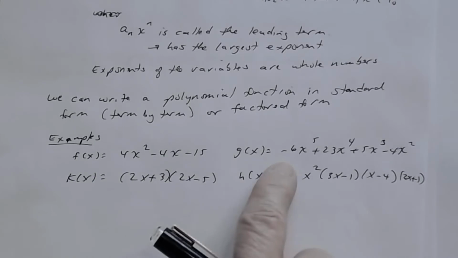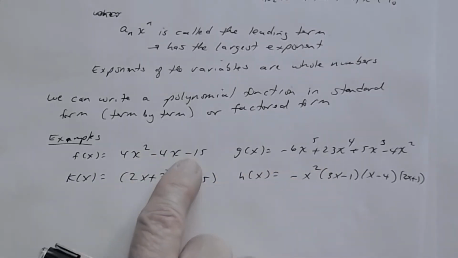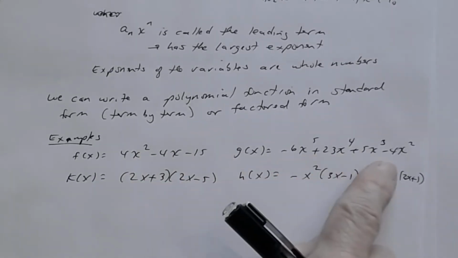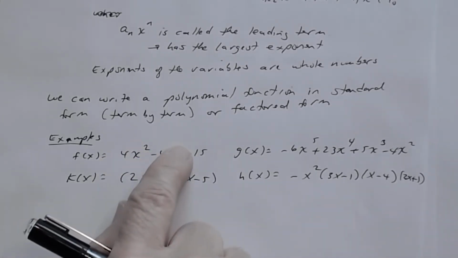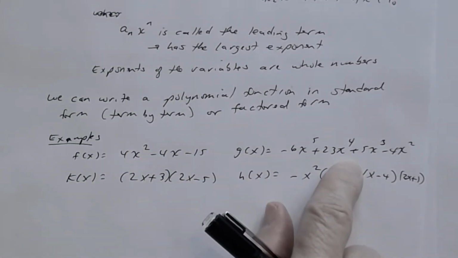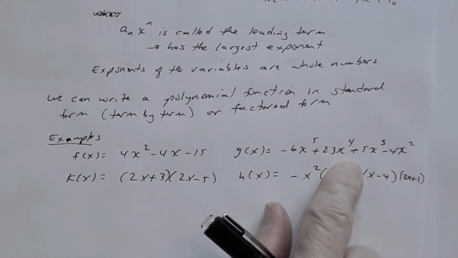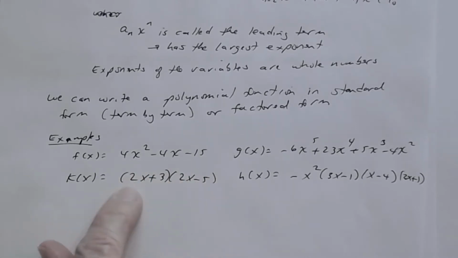Either standard form, where it's listed term by term, see the terms, or in factored form. If it's standard form, it's easy. It's easy to determine the degree of the polynomial function. If it's in factored form, it's a little bit more difficult, but it's easy as well. All right, I shouldn't say it's difficult. It's not as easy as this. All right, but it's doable. And you're going to see how to do this.